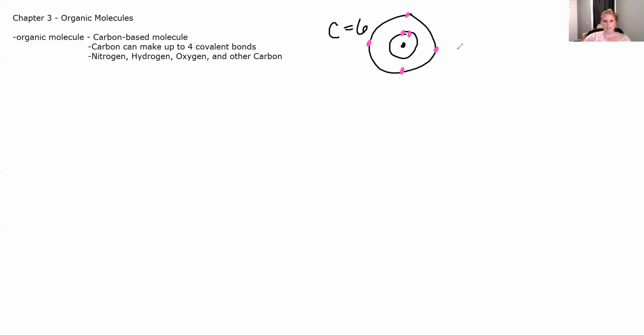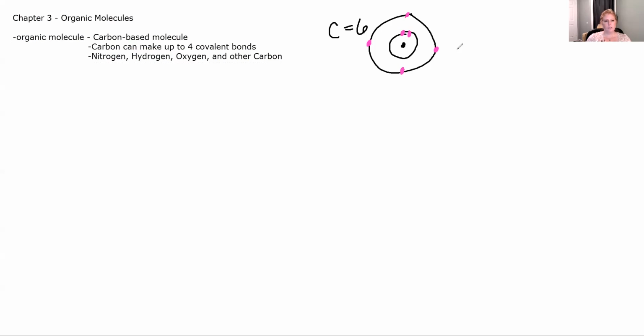It's these 4 in the valence shell that are going to try to make bonds with other atoms. Remember that a valence shell can hold 8 electrons, and what makes an atom happy is to have as close to that number as possible. Carbon likes to pick up more electrons, and it does that by joining with nitrogen, hydrogen, oxygen, and other carbon atoms.